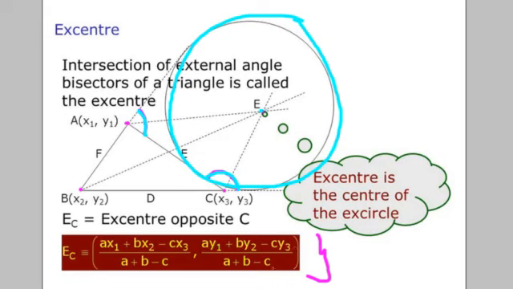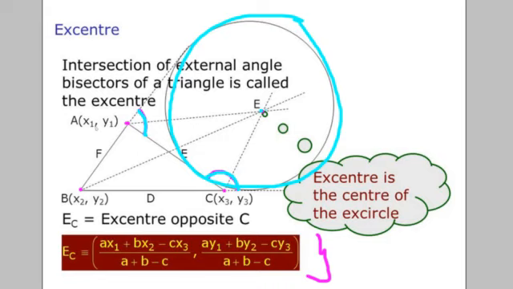If we remember the incenter formula, the only difference is in the third term. In the incenter formula we took the sum, but this time the third term we are subtracting. This is how we find the excenter of the given triangle.